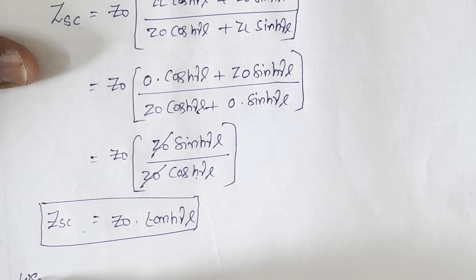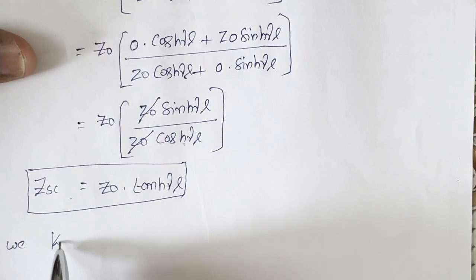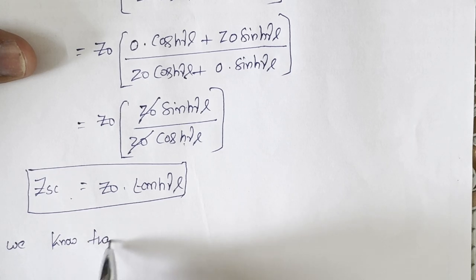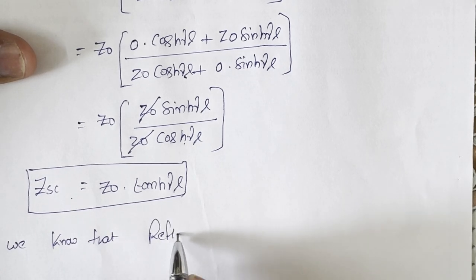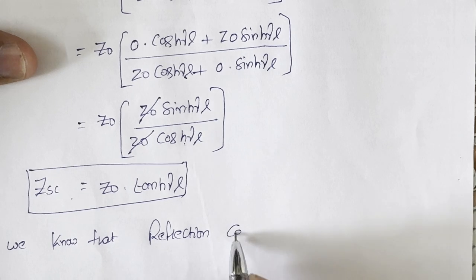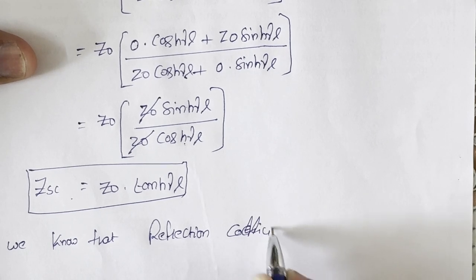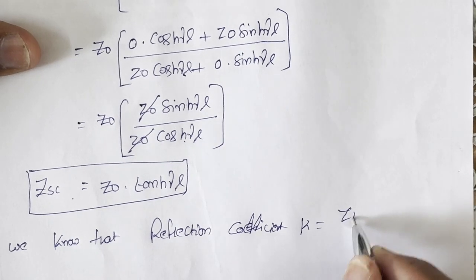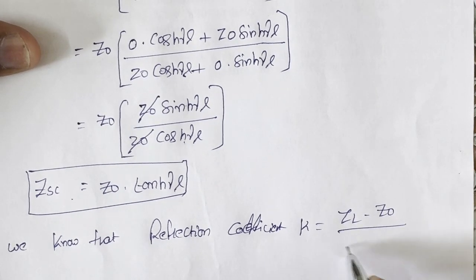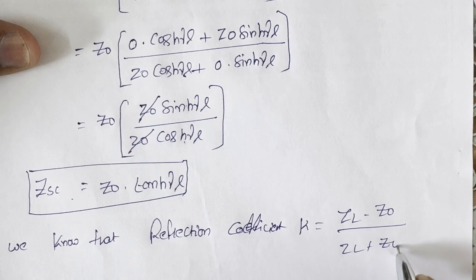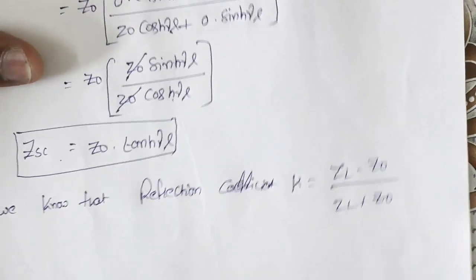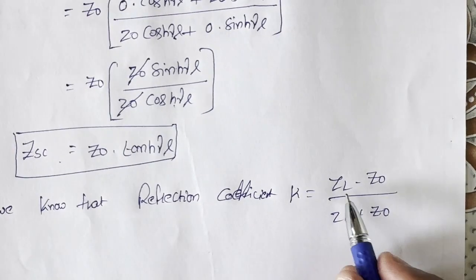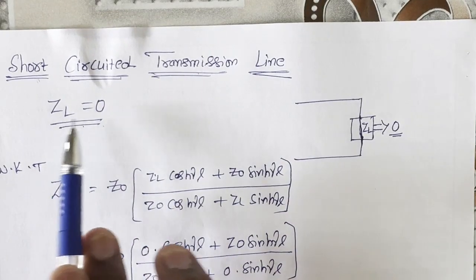Again we know the reflection coefficient K equal to, the general formula is ZL minus Z0 by ZL plus Z0. Then here the value of ZL is 0 in case of a short circuited transmission line.